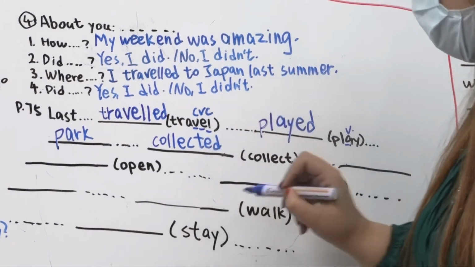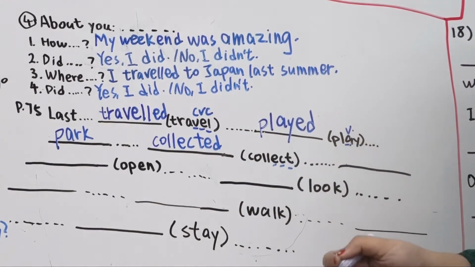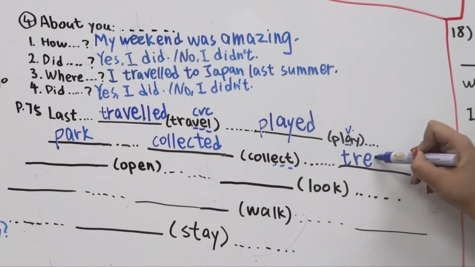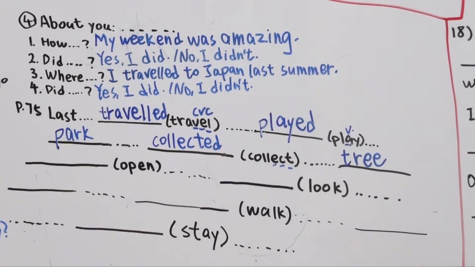Nothing special, no special rule. So we just add ed for past tense. Keep reading. There was an old jar next to what object is it? The picture is a picture of a tree that is spelled T-R-E-E. Tree. We space the jar and there was a map.